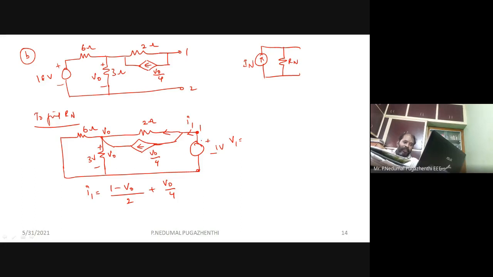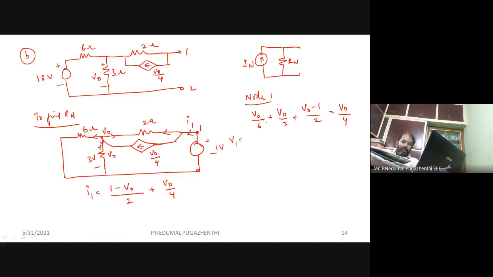So using nodal analysis, I will find V0. Using node 1, I will write V0 divided by 6 plus V0 divided by 3 plus (V0 minus 1) divided by 2 is equal to V0 by 4, because I consider all the current leaving that node, and the only current entering that node is V0 by 4. So this is the equation.